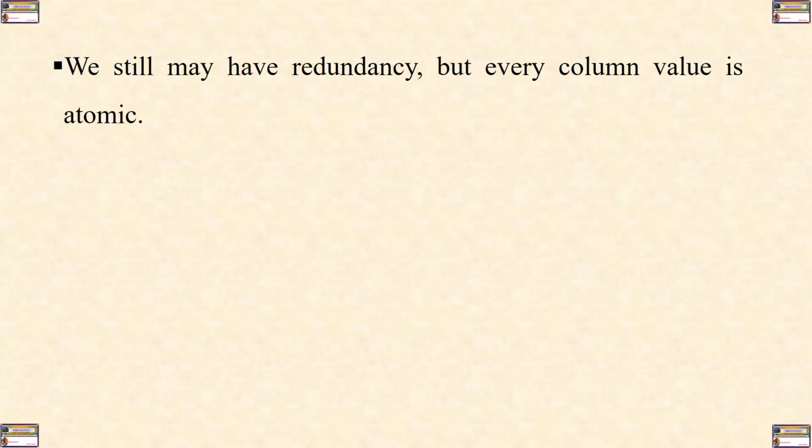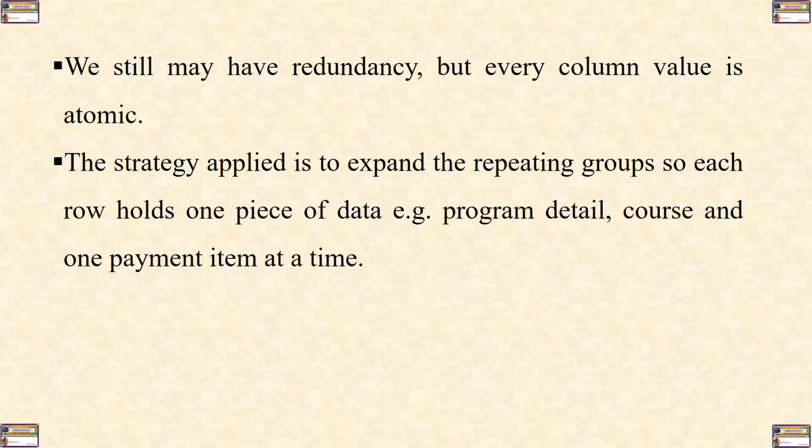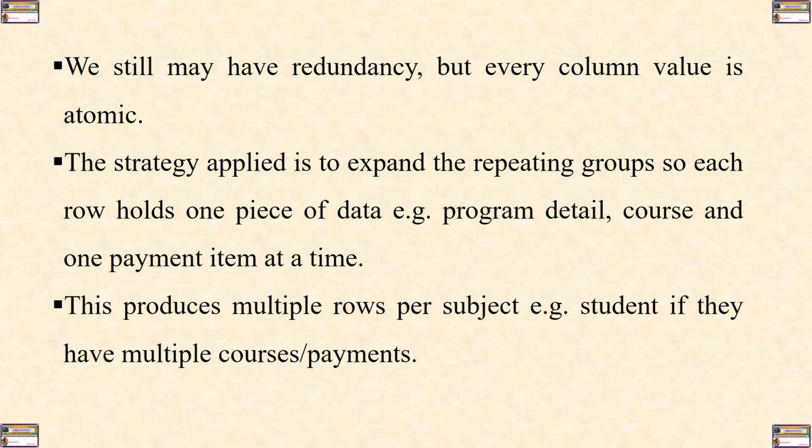So we may still have redundancy, but every column value is atomic. The strategy applied here is to expand the repeating groups so that each row owns one piece of data, for example, program detail, course, and one payment item at a time. This produces multiple rows per student.